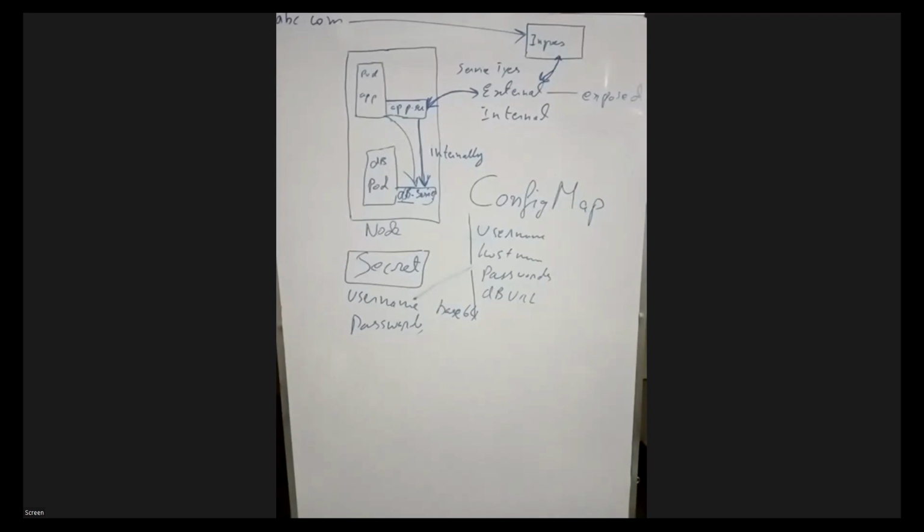Yeah, I was talking about replica set. Replica set is where you can increase or decrease, or scale up or scale down, the number of pods or the number of replicas. If you define the value as 10, then 10 pods will be created and load balanced through your services.